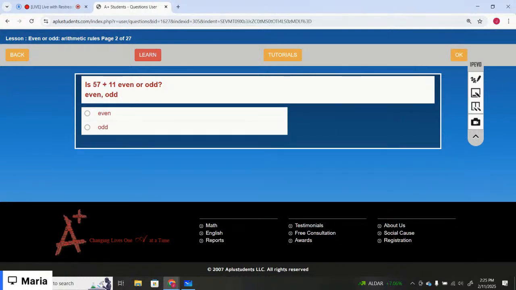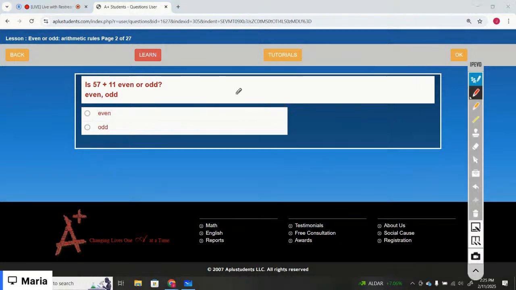Is 57 plus 11 even or odd? So you are adding two odd numbers. The answer is always even when you add two odd numbers. You can add, the answer is 68, and 68 is an even number.